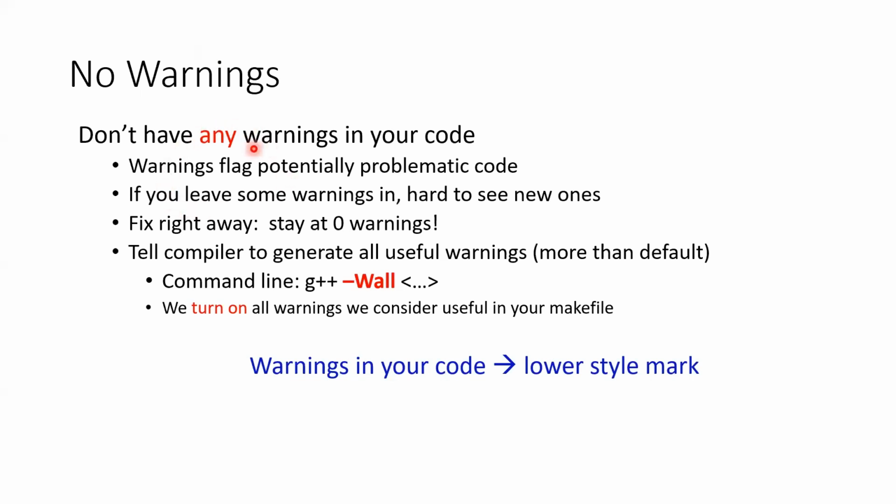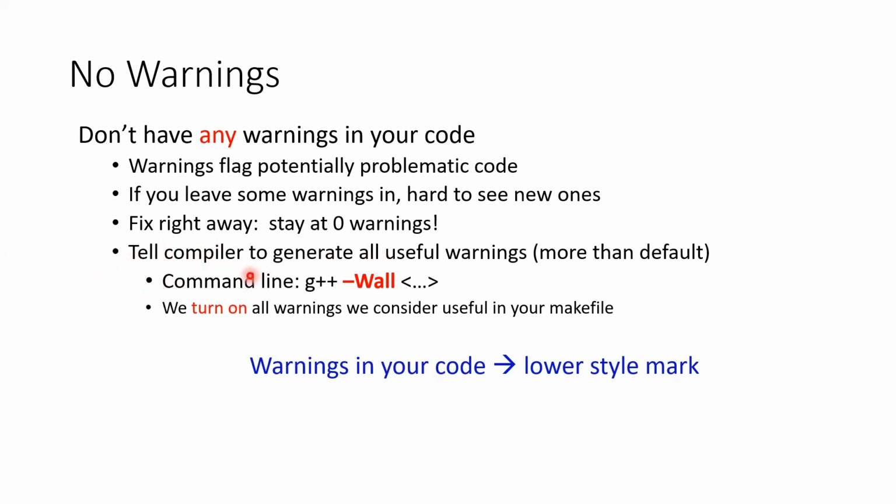But if you leave some warnings in, it is hard to see those that are actually important. So just fix right away when you see a warning, and stay at 0 warnings. And this is also a field that will be marked by your TA.